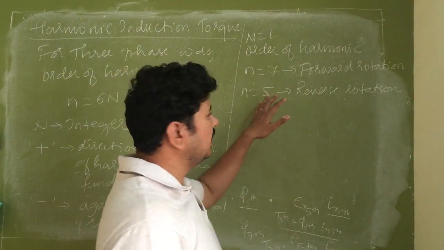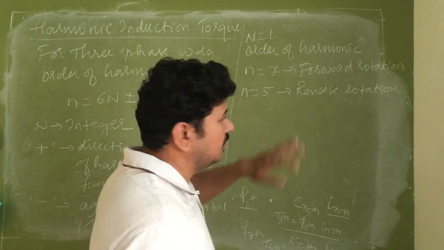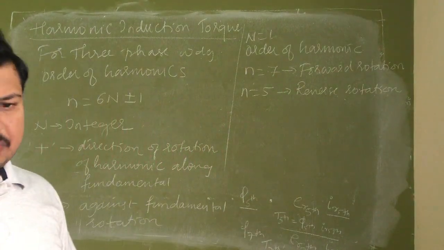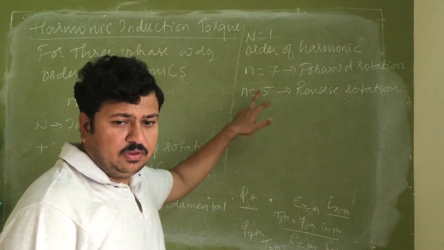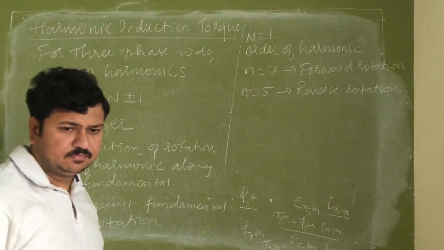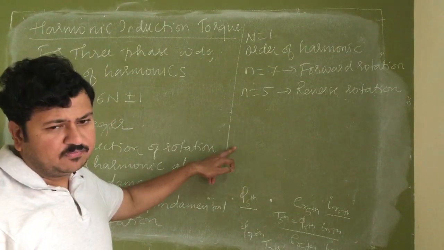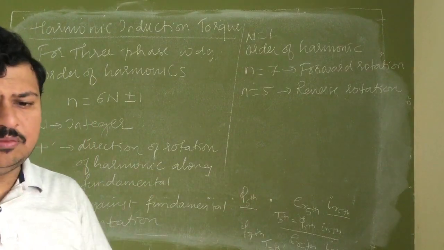So we will start from flux only. There are two harmonics, 7th order and 5th order, in the flux wave. These will induce 7th order and 5th order EMFs in the rotor. Those induced EMFs will circulate 7th order and 5th order harmonic currents in the rotor.